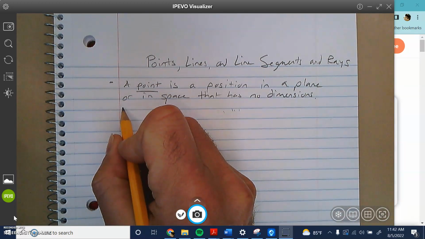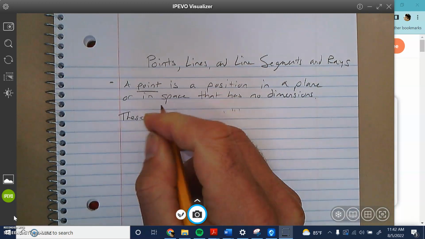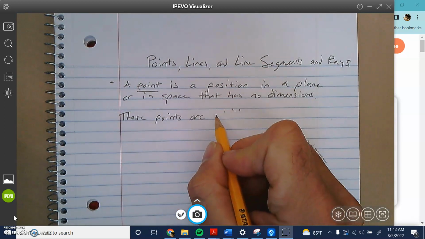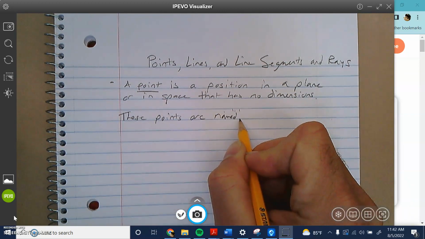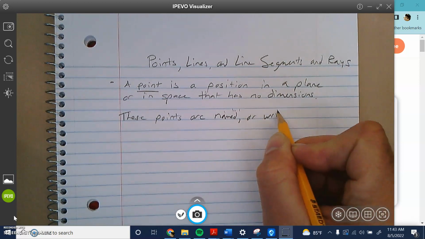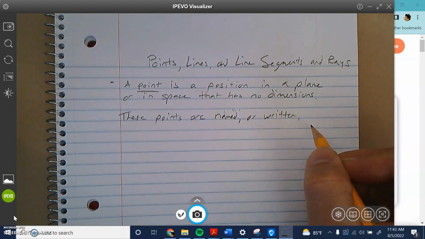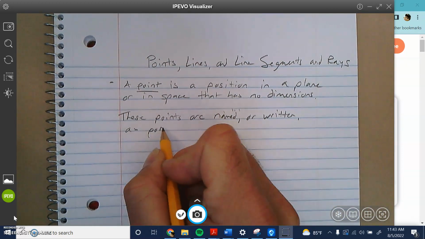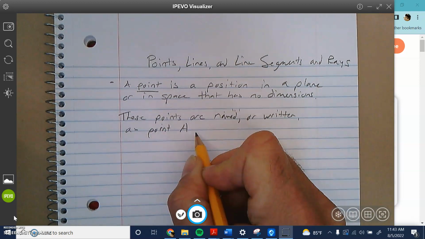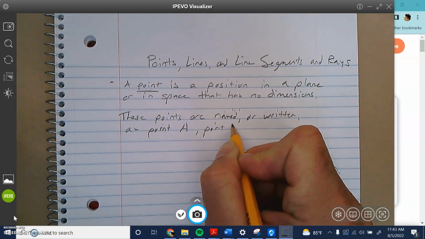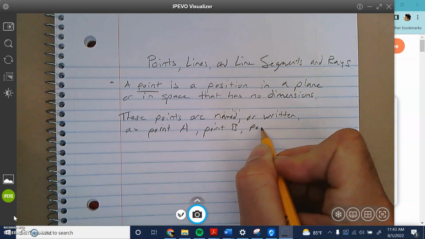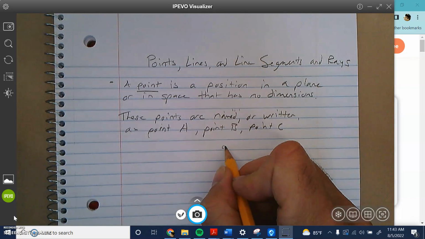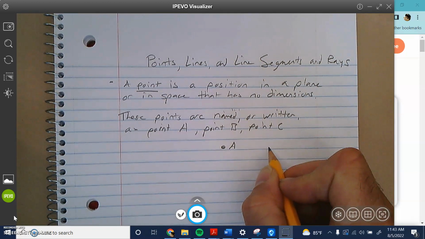What else? How do you write it? These points are named or written. It's always important in geometry to know how things are written as point A, point B, point C, etc. So here is point A, that's how you might see it.